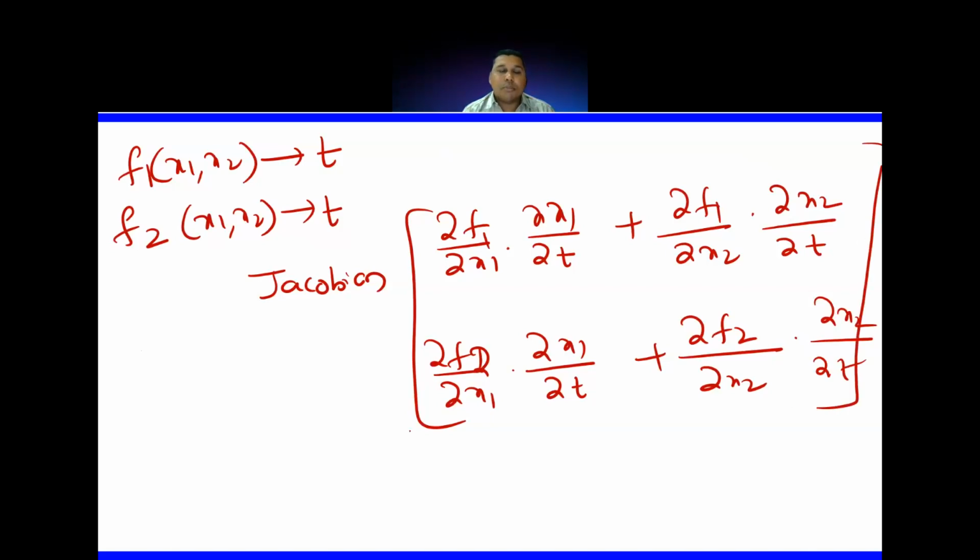So this way you form the Jacobian. You have to always apply the chain rule. We can also see the advanced version. What if both x1, x2 are dependent on s and t? Then your Jacobian matrix size increases.